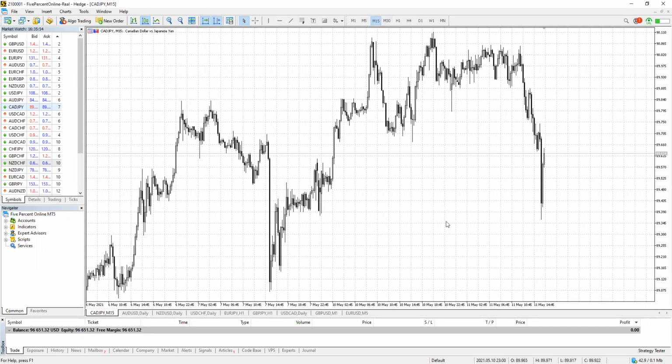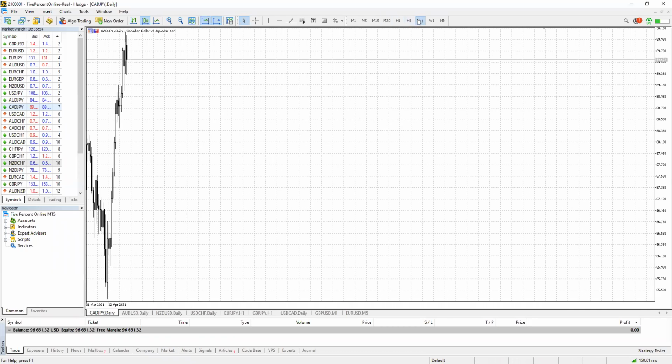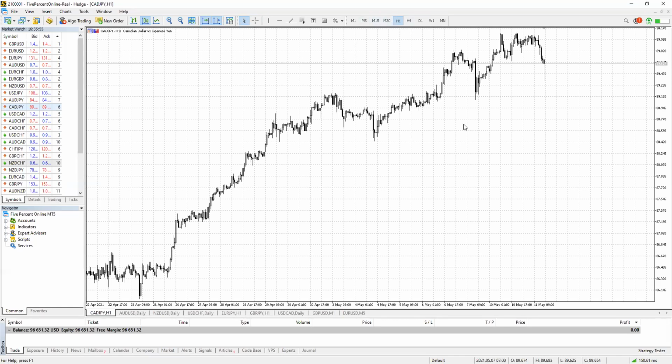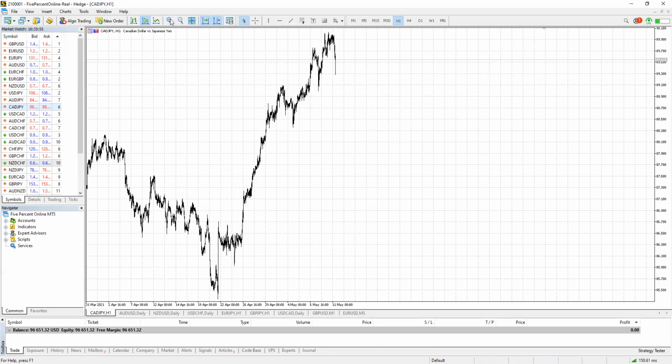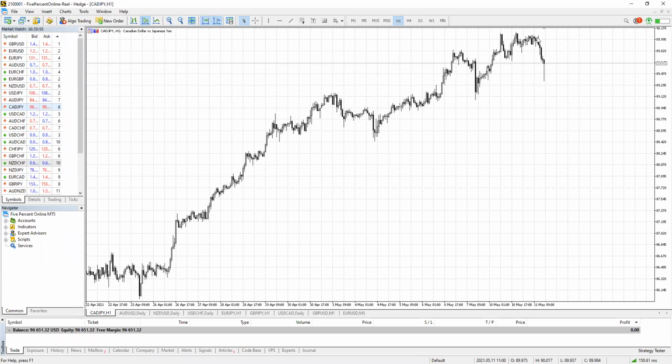Yeah, so it really looks very similar to the dollar yen. I can see the daily, it's loading. At least on the hourly, we are on an uptrend, but this might be the end of the uptrend, or you can see the slowing momentum.